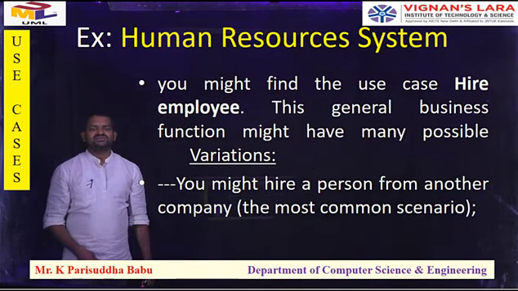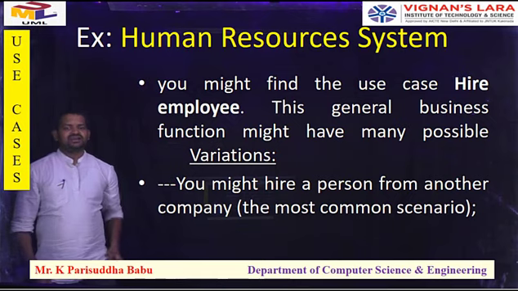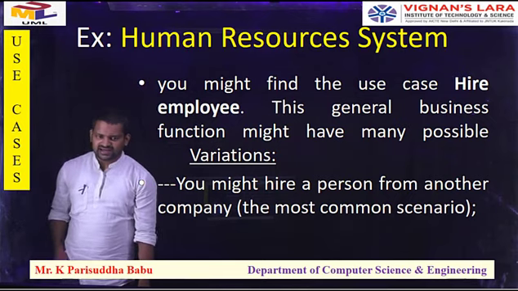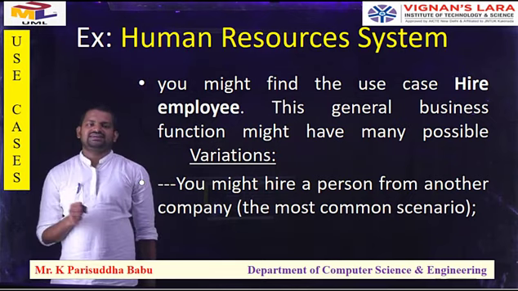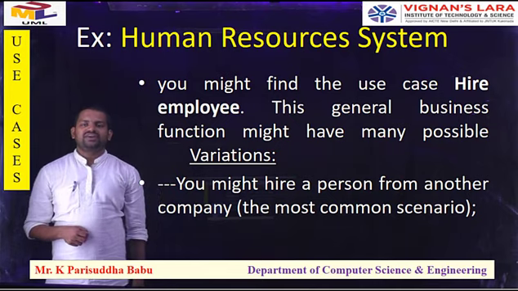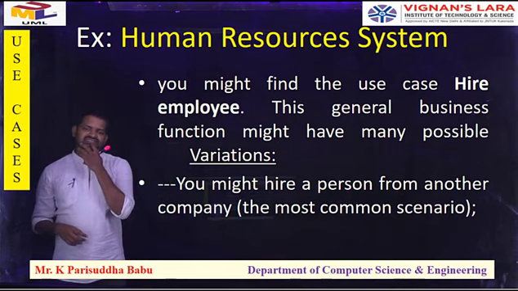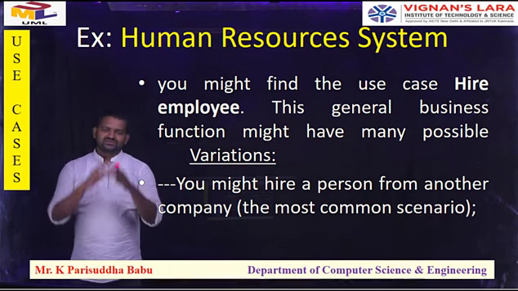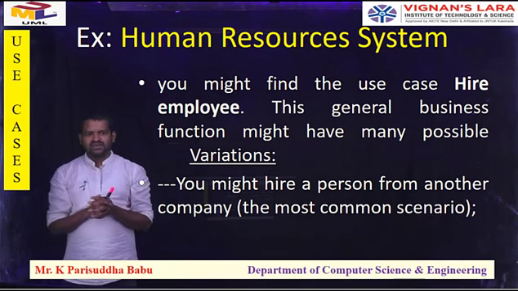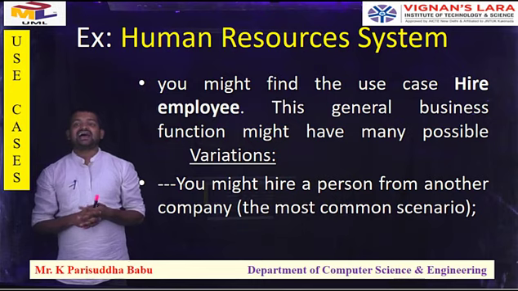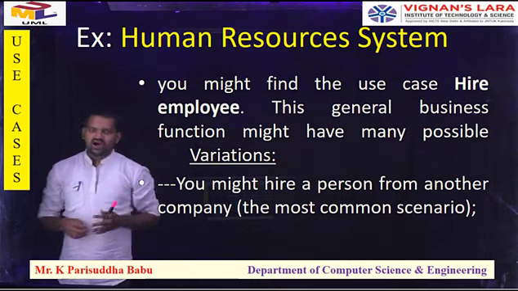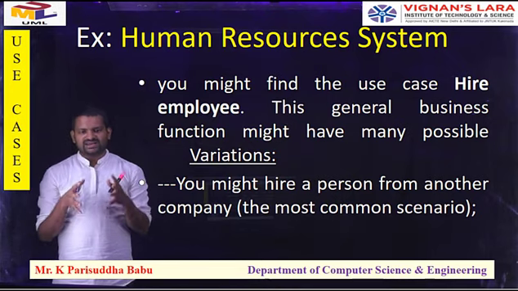See this example: a human resources system. In this human resources system, hiring an employee is a use case we can find. So in this human resources example, you might find the use case hire employee. Now we have to write the hire employee use case.